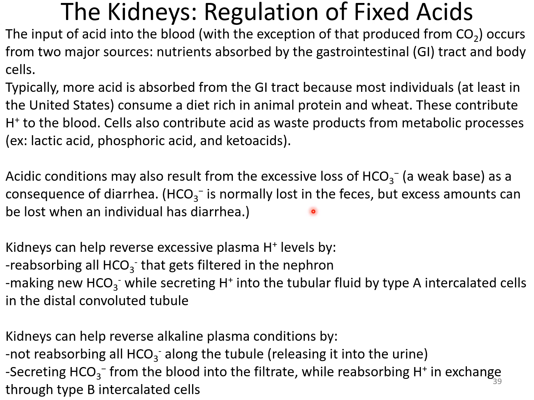Here's how the kidneys can help reverse excessive plasma hydrogen levels. For one, they can reabsorb all of the bicarbonate that gets filtered. We saw that in the urinary system where we freely filtered bicarbonate, but we didn't filter very much hydrogen. So we had to reabsorb, although if you remember, it was very convoluted.